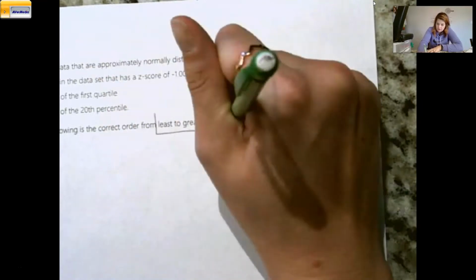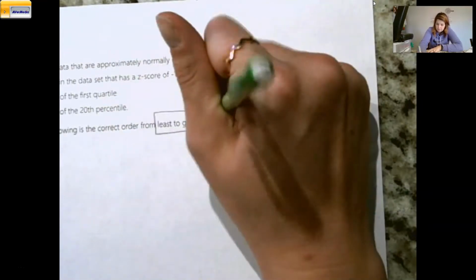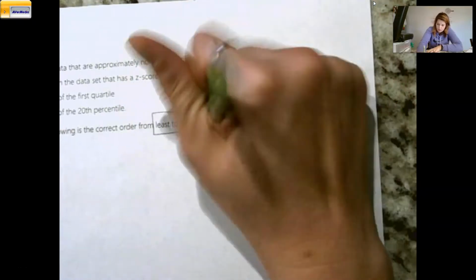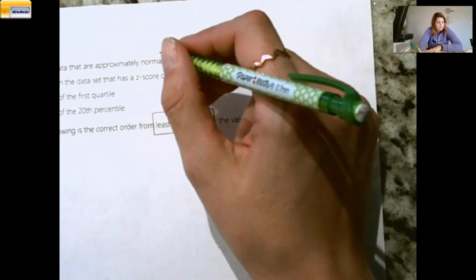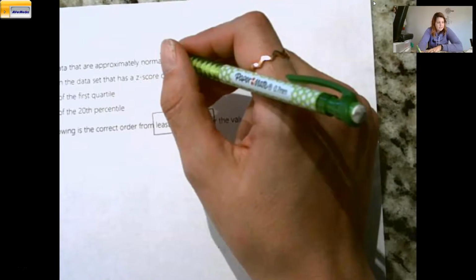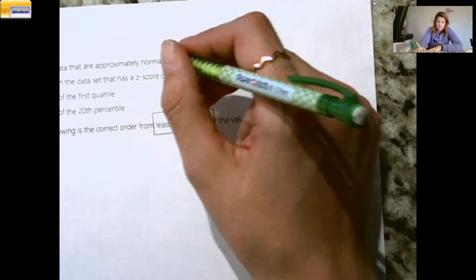Okay, they want us to order these values or these positions from least to greatest. All of these describe position. So the first one says R is the value in the data set that has a z-score of -1.